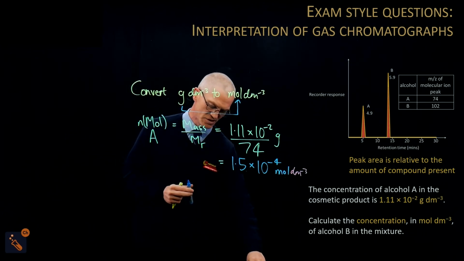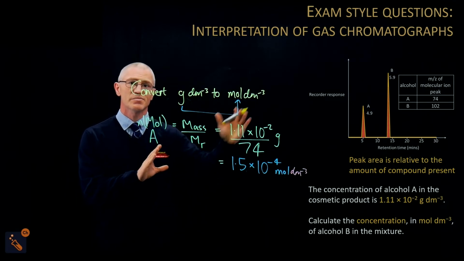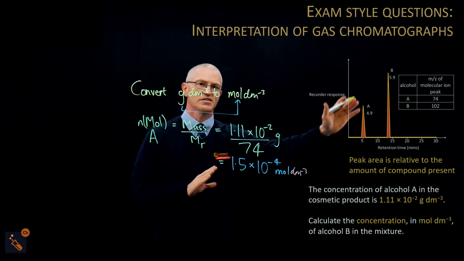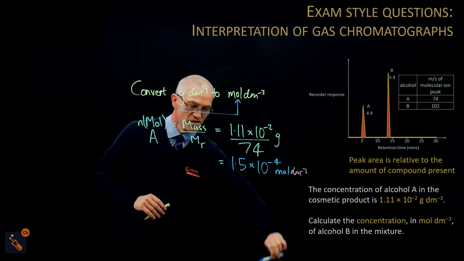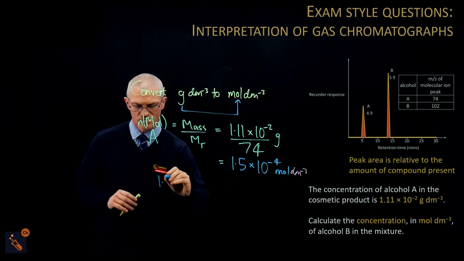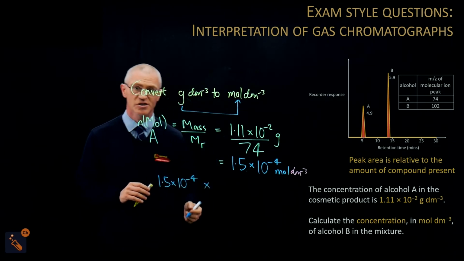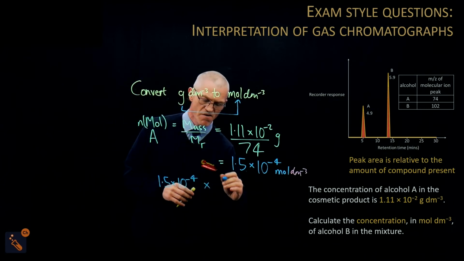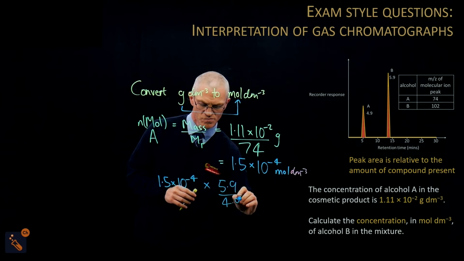Now we need to do the conversion to B. If you think about it, there's a ratio here, 5.9 and 4.9. So we take our 1.5 times 10 to the minus 4 and times it by 5.9 divided by 4.9.